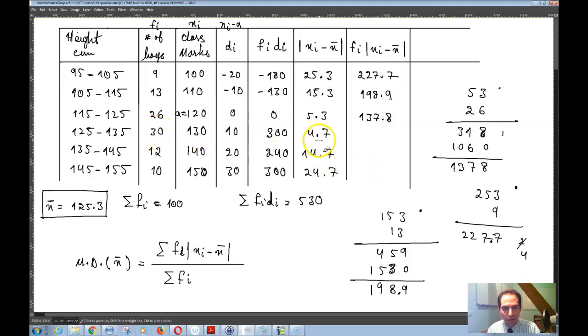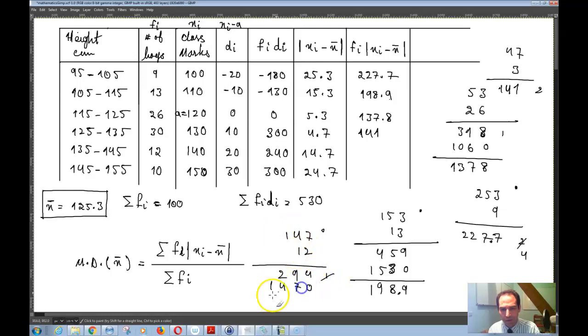You get 30 times 4.7. The decimal point is cancelled out with the 0, so you can simplify this as 3 times 47. 47 times 3 is equal to 141. Then 12 times 14.7, which is 176.4.